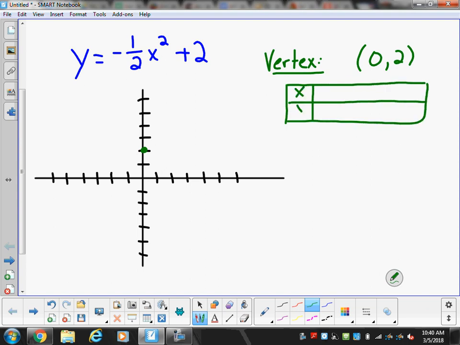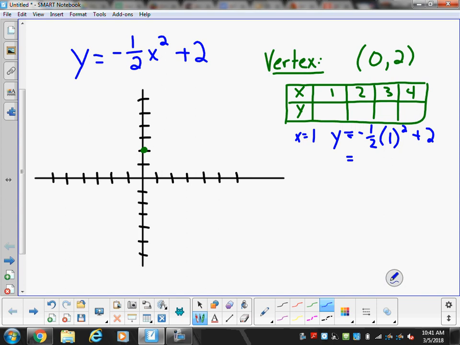We have x and y. And we're just going to choose 1, 2, 3, and 4 for x. And so now we got to go through and find values for y. To do that, we're just going to plug in those values for x up here. So we let x be 1. That gives us y equals negative 1/2 times 1 squared plus 2.